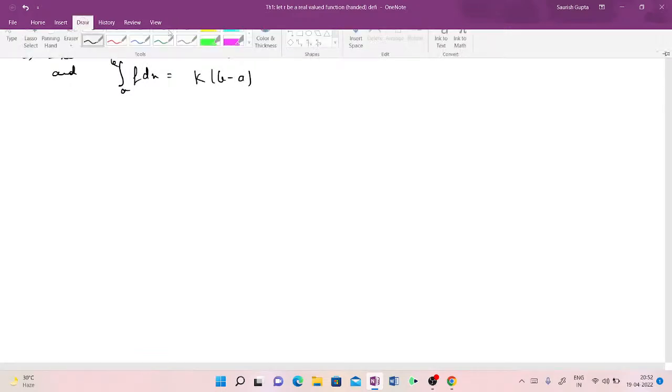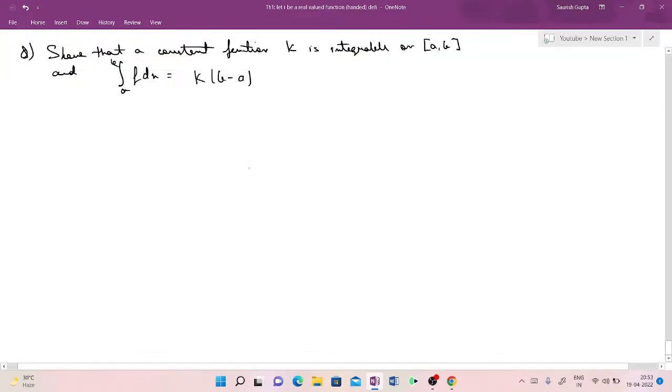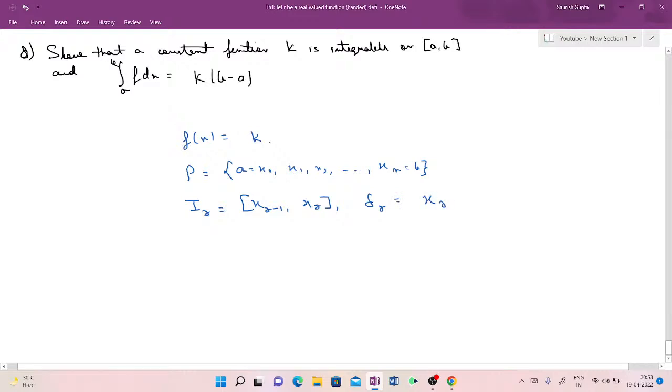Okay, the solution to this problem is pretty simple. You're given a constant function k. You can take any partition a equals x0, x1, x2 till xn, which equals b, where you have Ir equal to [x(r-1), xr], and so you have delta r equal to the difference between the endpoints of this interval.